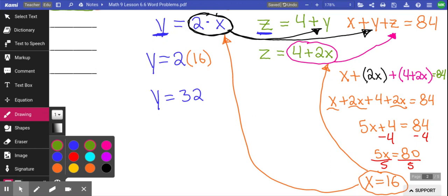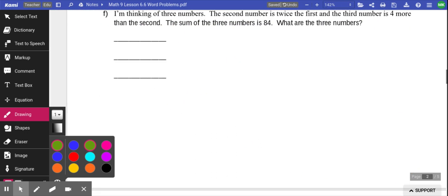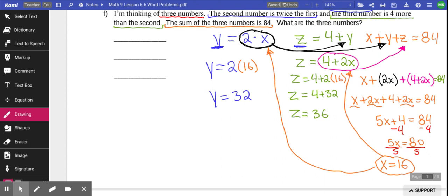If I do the green one next, it's Z equals 4 plus 2, and instead of X, I put 16. That means Z equals 4 plus 32. That means Z equals 36. My three numbers are 16, 32, and 36.